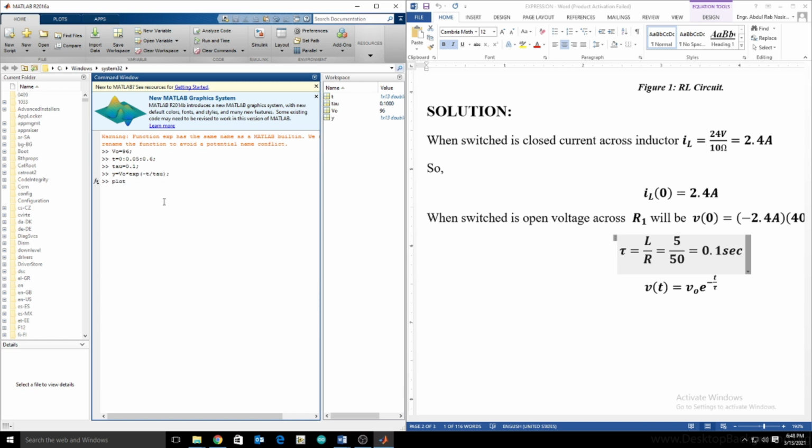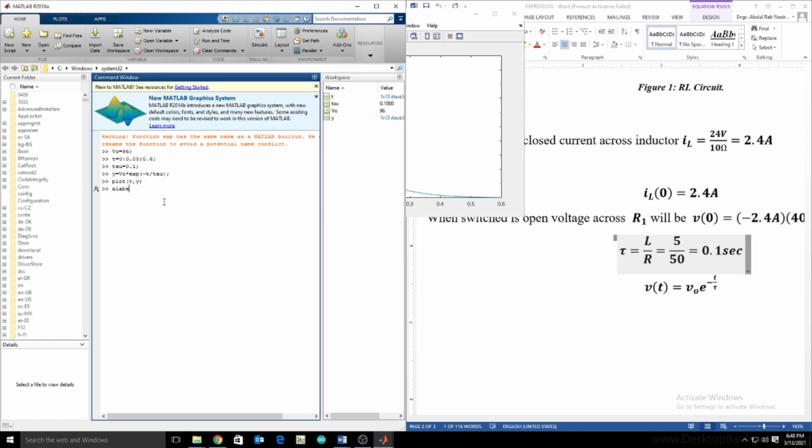Now we are going to plot this: plot t comma y, xlabel, ylabel, time, title, source free RL circuit.